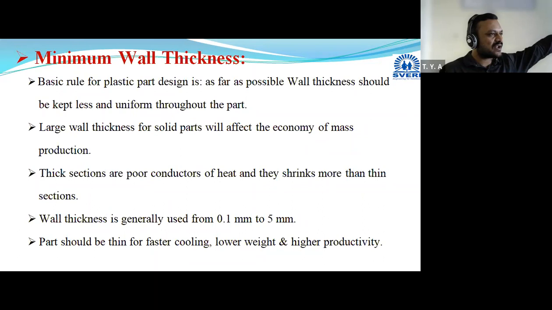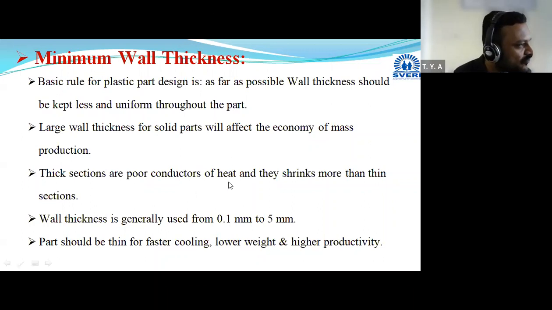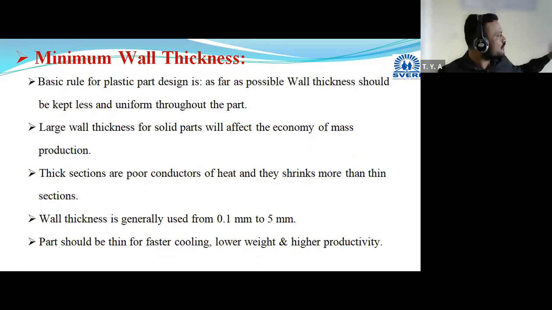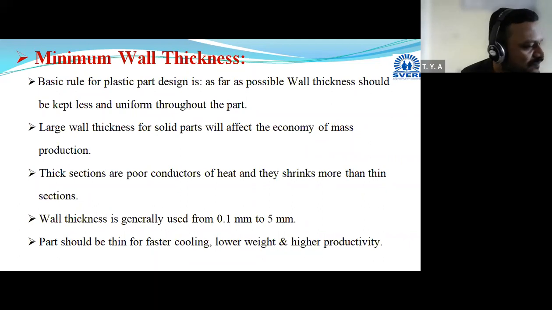If the whole formula is not there, you can just directly write that cooling time is directly proportional to, or depends on, wall thickness. You can explain according to that. So this is the concept of minimum wall thickness. This is a very important concept. Try to understand it. It will play a very important role in plastic part design.